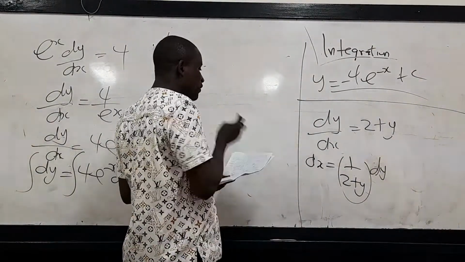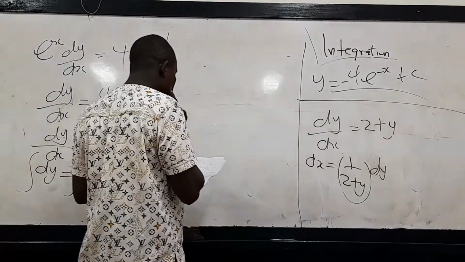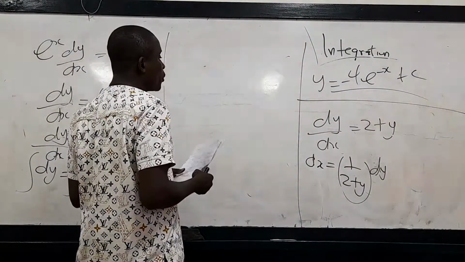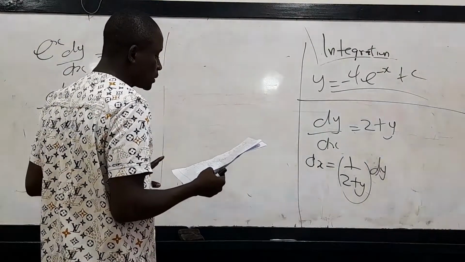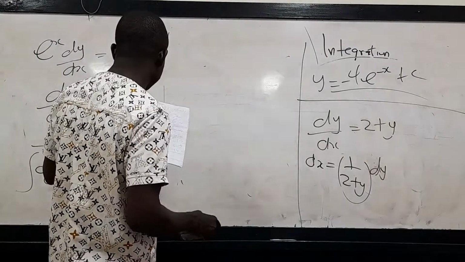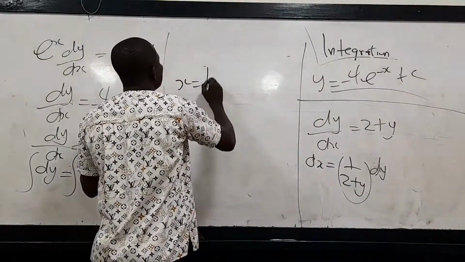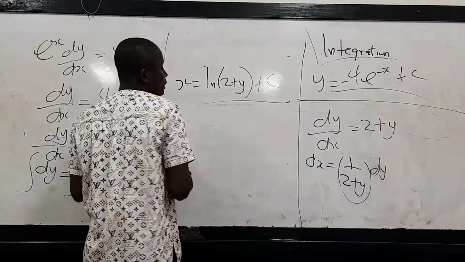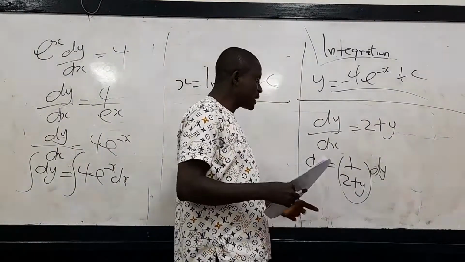So if you are having something like this, how best are you going to maneuver in this operation? If everything is all right, let me check it once again to make sure that what I've captured is what is here. So if that's the case, then if I integrate, x is going to be ln 2 plus y plus c. Anytime what is here is the ln, it is 1 over 2 plus y, it is ln of that.